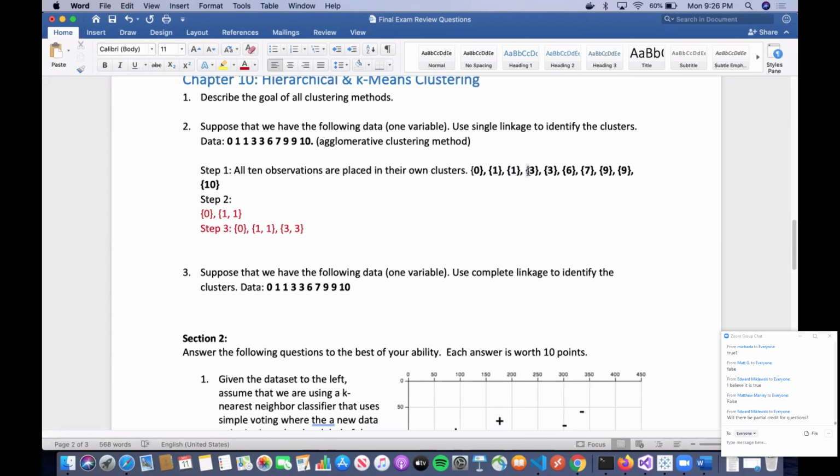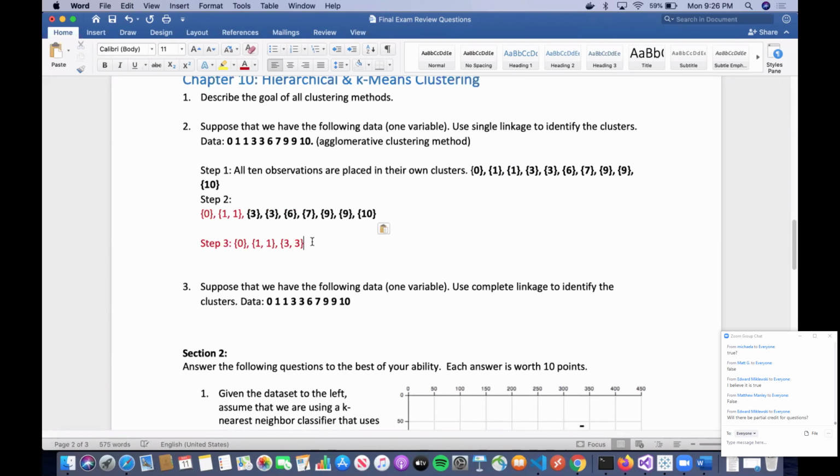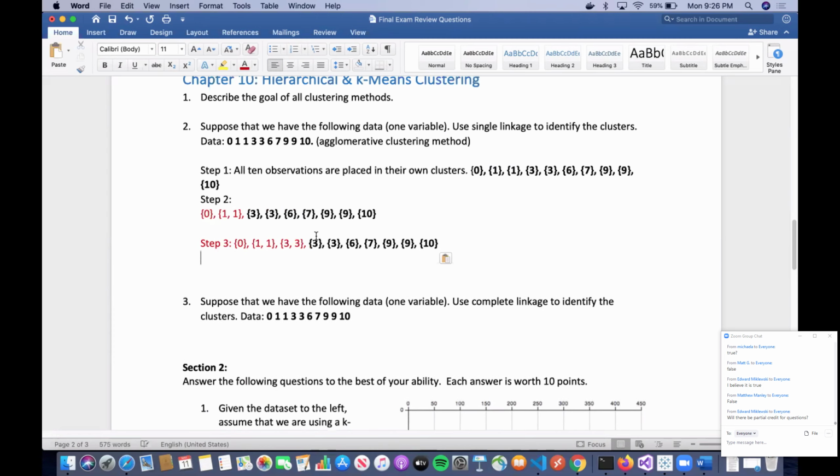And keep in mind, this will be repeated, and then we remove that. So that's how it's going to be.